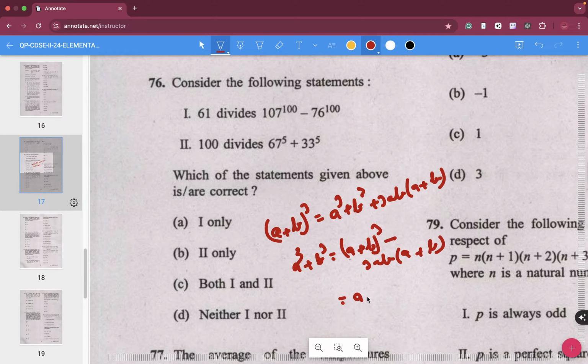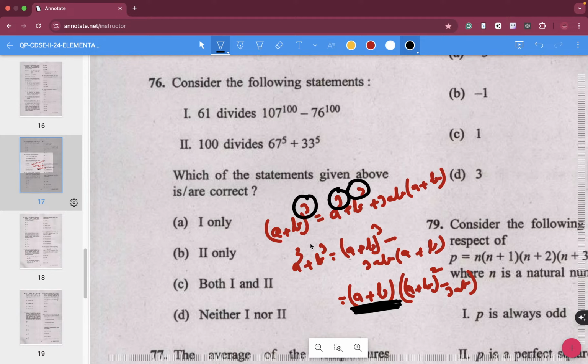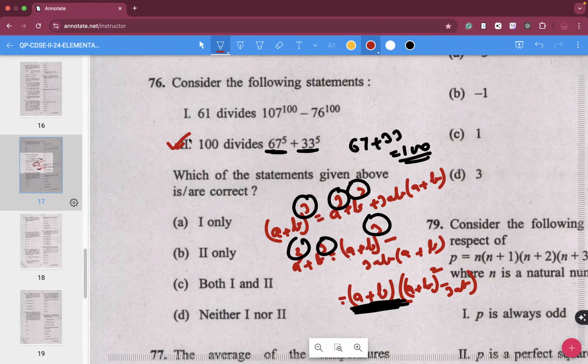From here you can take (a plus b) common, giving (a plus b) times ((a plus b) whole square minus 3ab). Since these are odd powers, a plus b is common, and 67 plus 33, which is 100, will divide this given expression for sure.